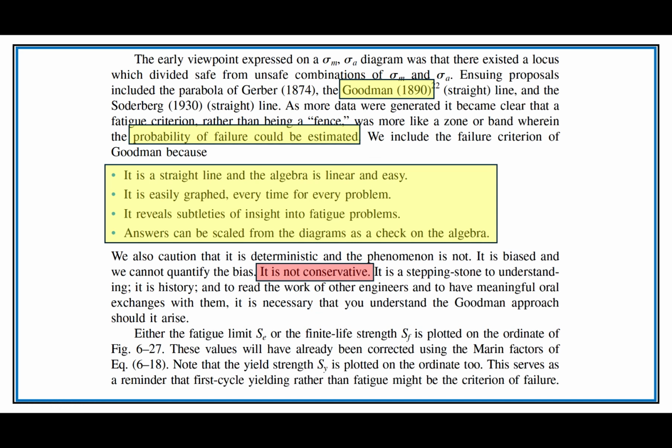Here's some rationalization of why we're still doing this, even though years have shown that this is not a really predictive type of thing. It's conservative. That's good news, right? And it's a stepping stone to understanding it, one of the rites of passage. And this is how engineers work, talk with each other and exchange ideas.